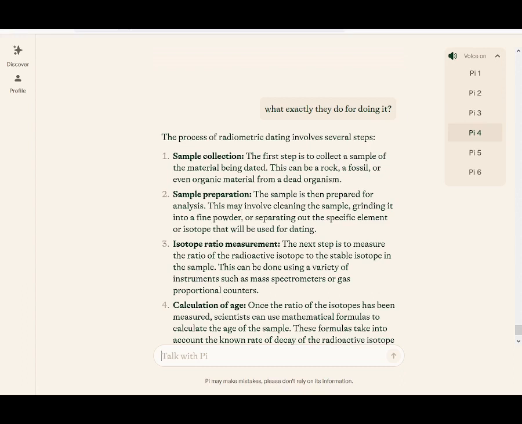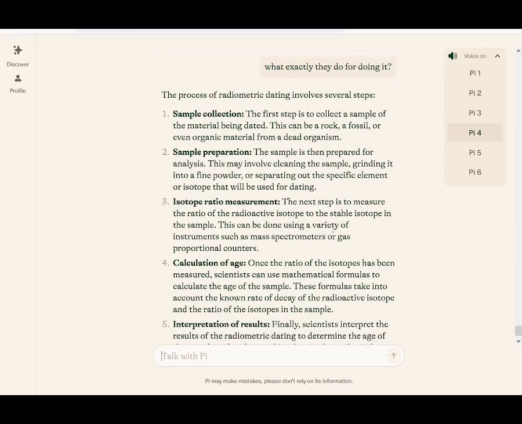3. Isotope ratio measurement. The next step is to measure the ratio of the radioactive isotope to the stable isotope in the sample. This can be done using a variety of instruments such as mass spectrometers or gas proportional counters. 4. Calculation of age. Once the ratio of the isotopes has been measured, scientists can use mathematical formulas to calculate the age of the sample.